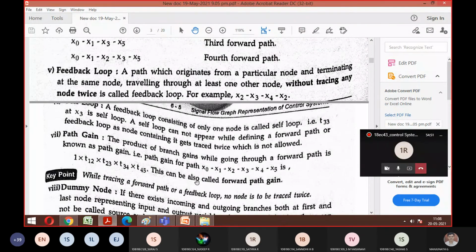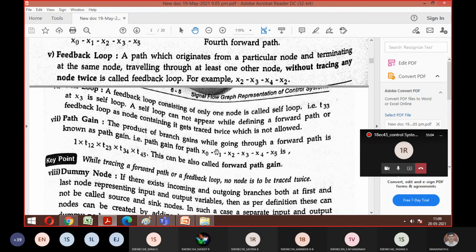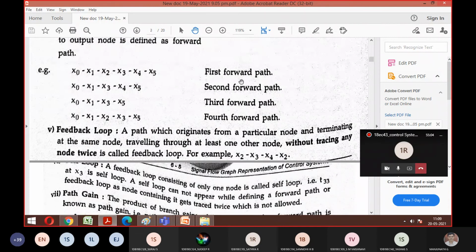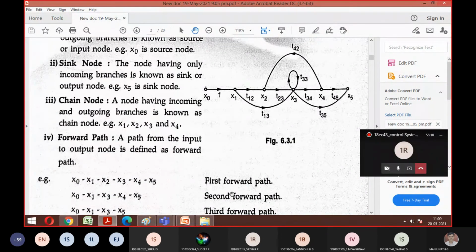This can be called the forward path gain. Here, the first forward path has been chosen. Why have they not taken the second, third and fourth? Can anyone tell me the answer?